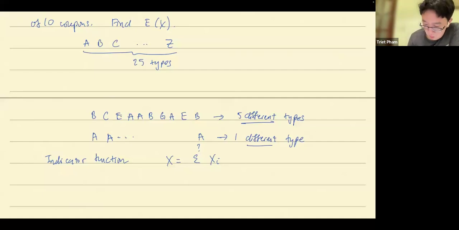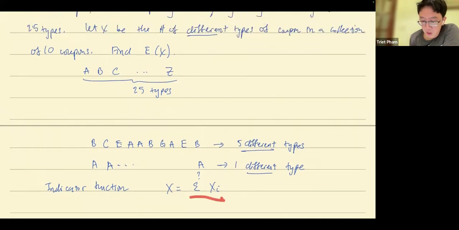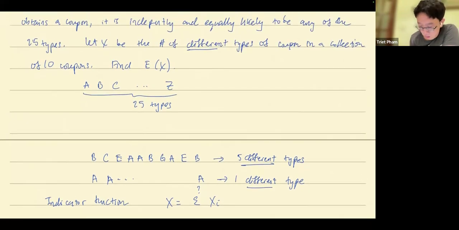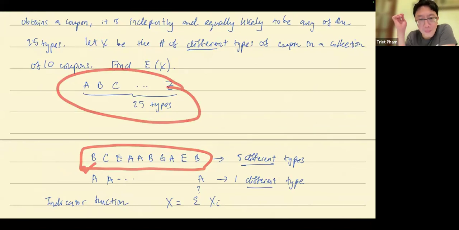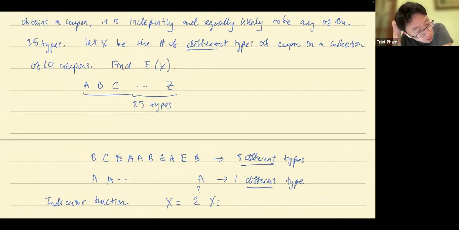All right. So maybe let us ask this. When we sum like this, the challenge with this particular problem is you can sum across the coupons from 1 to 10, or you can sum across the type from 1 to 25. Which one do we sum across?